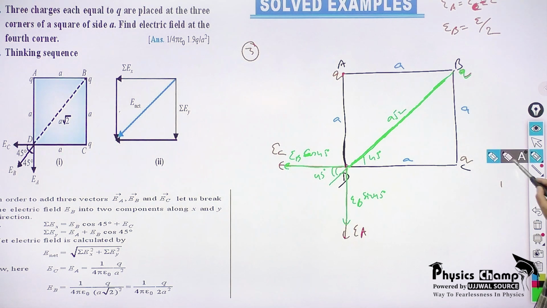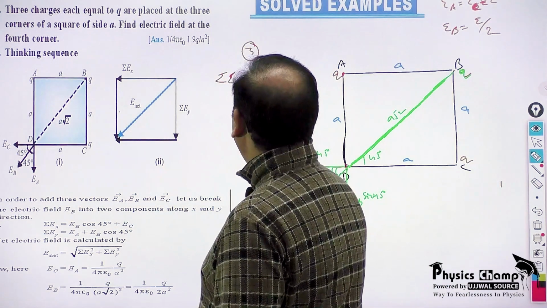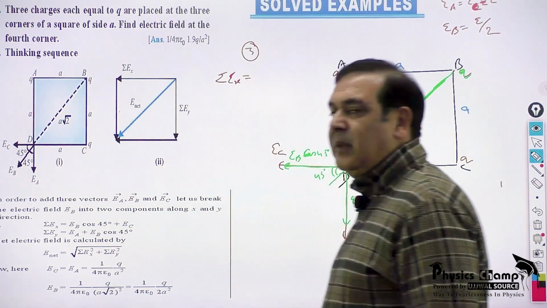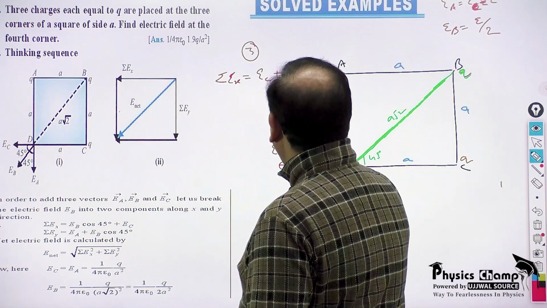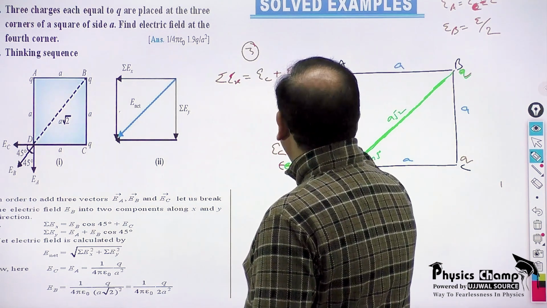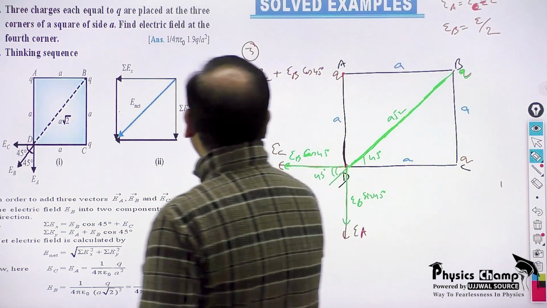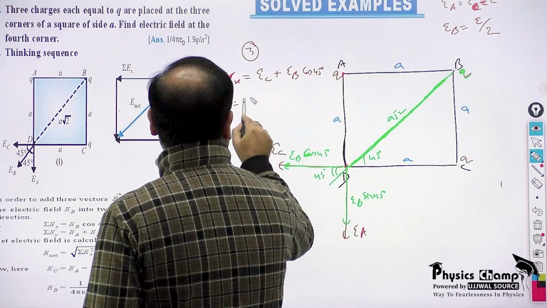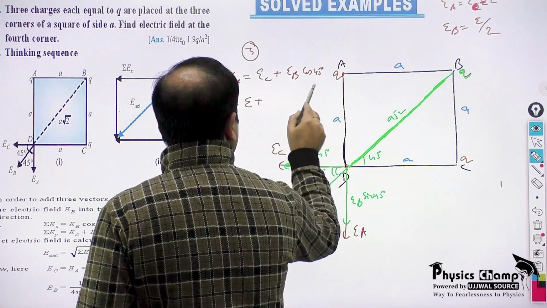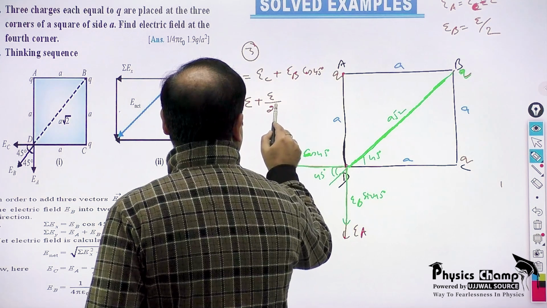So I have here sigma Ex, which is in fact EC plus EB cos 45. So sigma Ex is EC is E and EB is E by 2 root 2.